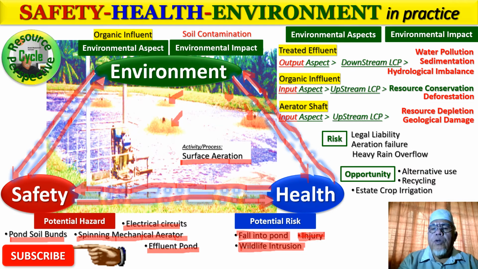Especially, I'm trying to adapt here what is employed by ISO 14001 version 2015 pertaining to environmental aspects from a life cycle perspective, and to look into risks and opportunities related to this surface aeration. So if you are in a palm oil mill and you have ISO 14001 version 2015, I hope this video would help you.